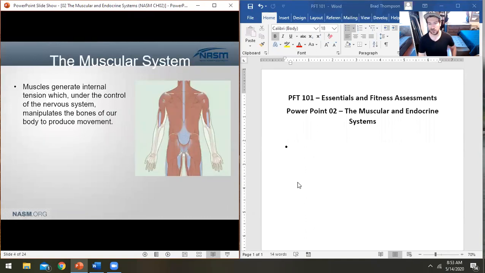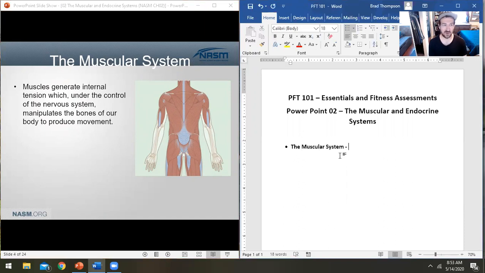Looking at our muscular system, the muscular system is a series of muscles that are under the control of the nervous system and are designed to generate internal tension in order to manipulate the skeletal system.